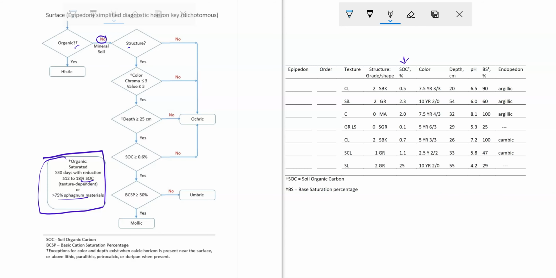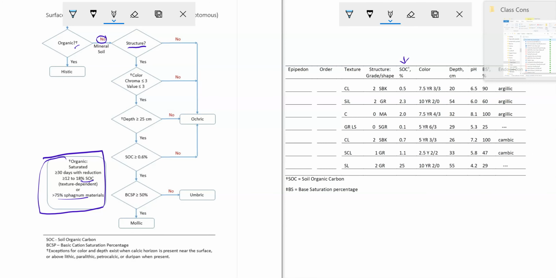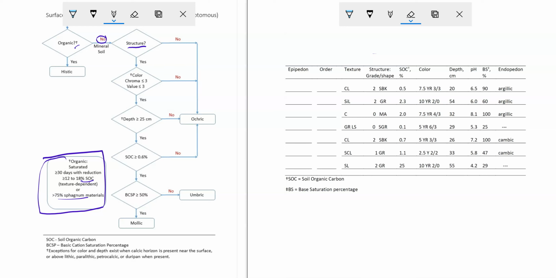The next question asks, does it have structure? Now, structure causes us to ask another series of questions. We need to remember what that means, so we have to look at this column.